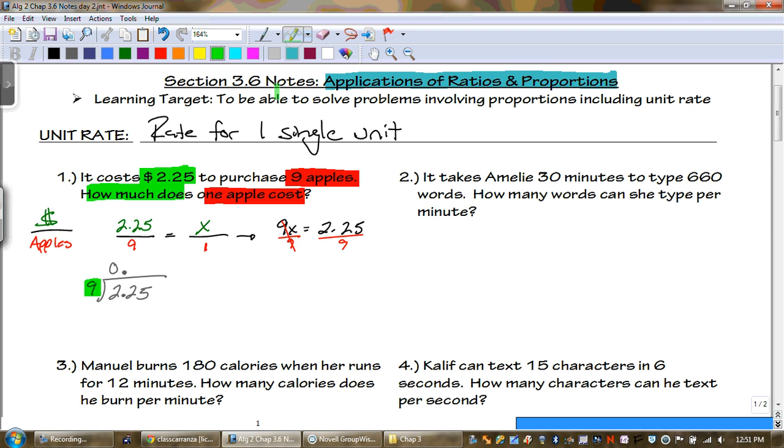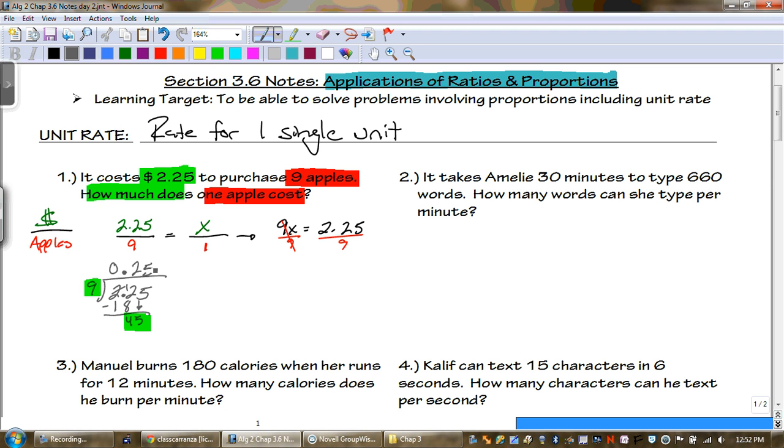Okay, now how many times does 9 go into 22 without going over? Well, it goes 2 times, and 2 times 9 is 18. You need to subtract, and we get a 4 and bring down the 5. Now, how many times does 9 go into 45?